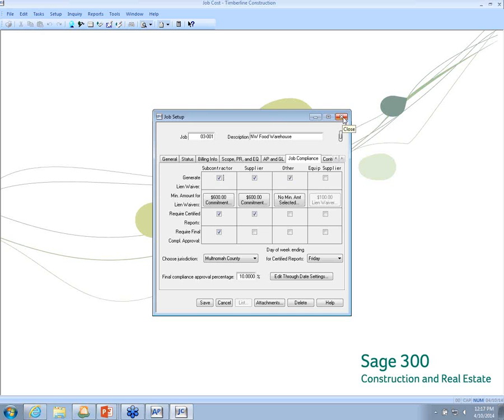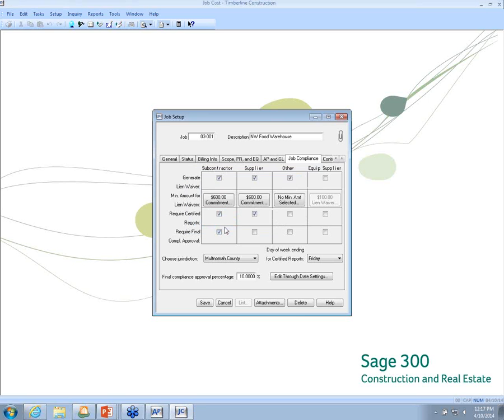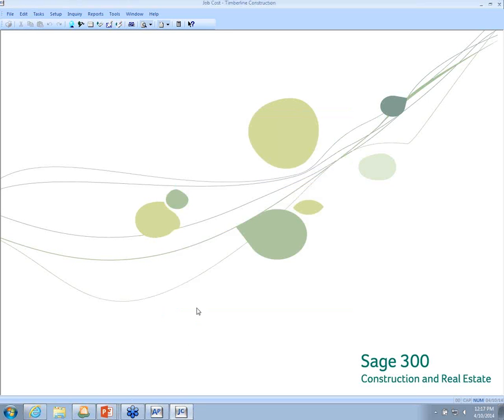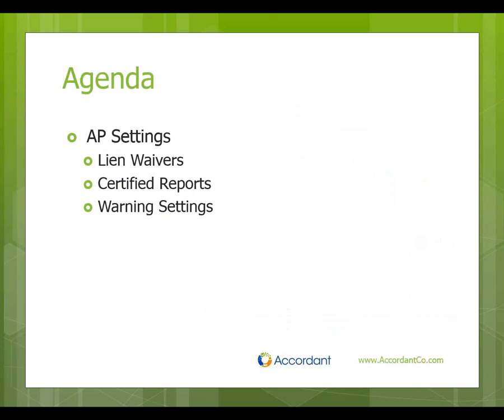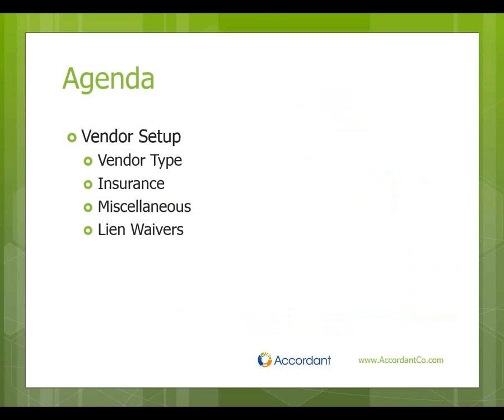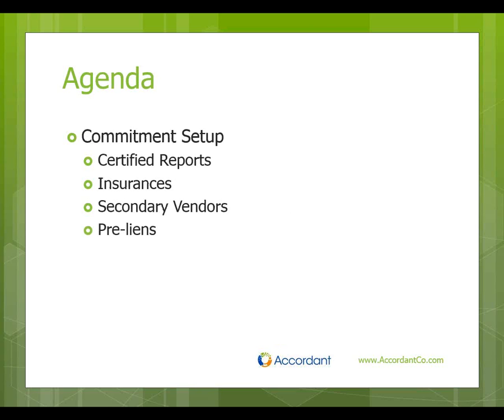So now, after my jobs are set up with the appropriate check boxes, now let's talk about, kind of straight away from my PowerPoint. So we've been through the vendor setup, the job setup for lien waivers, certified reports, and compliance percentage.